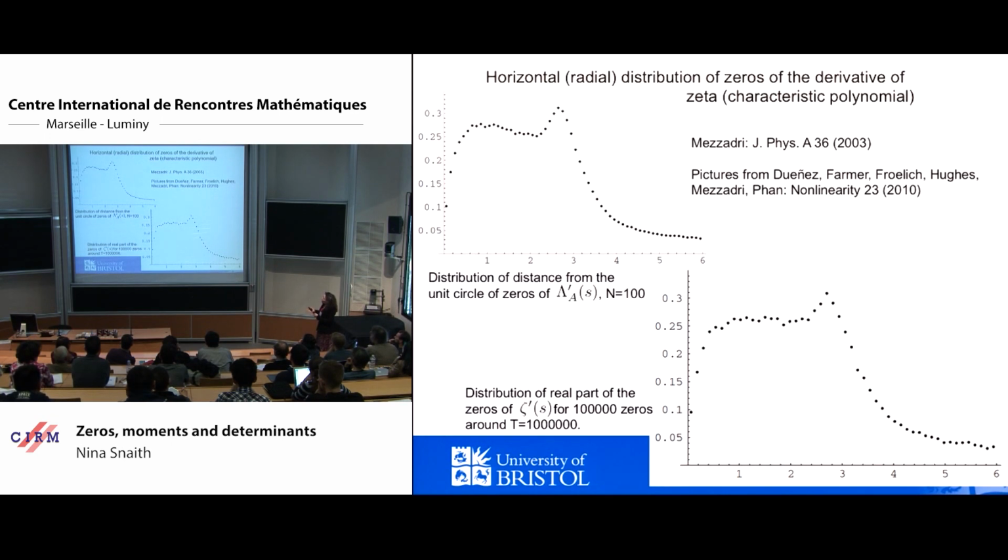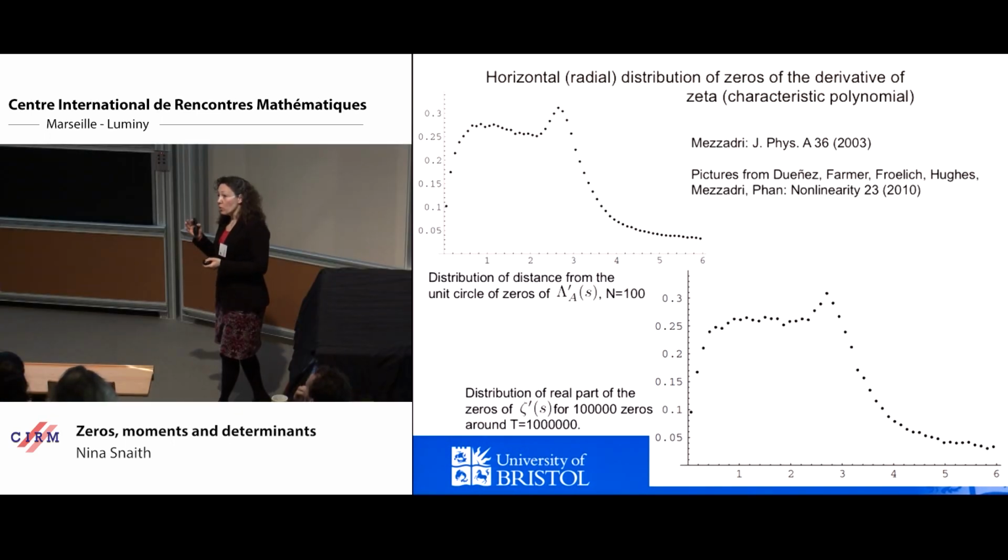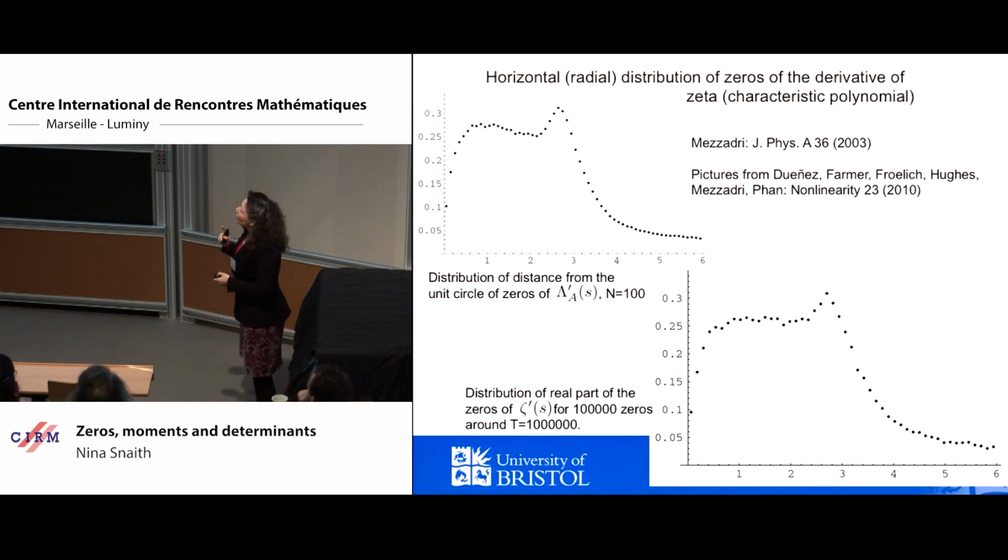The interesting thing is that they certainly have the same shape. They both have this funny peak at this point, and approximately the same kind of shape. So this is at least convincing that the distribution of the zeros of the derivative of the characteristic polynomial does seem to show the same sort of behavior as the zeros of the derivative of the zeta function.